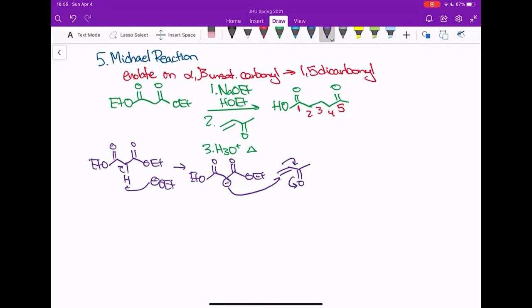So all of those electrons will shift over to give you this intermediate. So from here, you'll have some base in solution. So you can go ahead and send these electrons down to reprotonate.